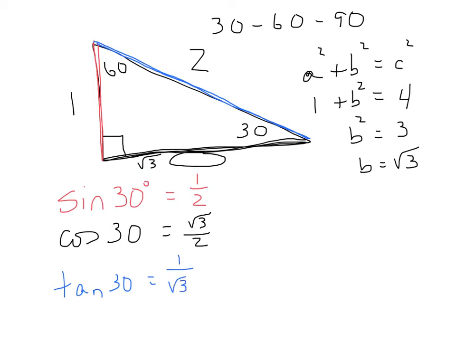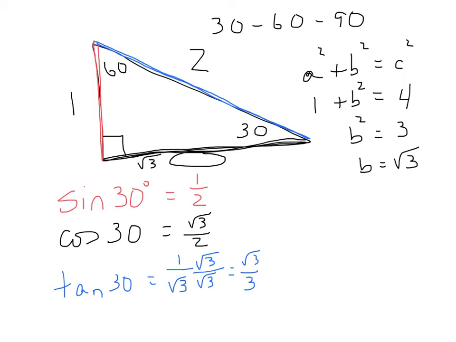Now, the issue here is that I have a radical in the denominator, so I'm going to rationalize that denominator by using my skills that I learned back in the radical unit. Multiply by radical 3 over itself, and that will simplify to the square root of 3 over 3.